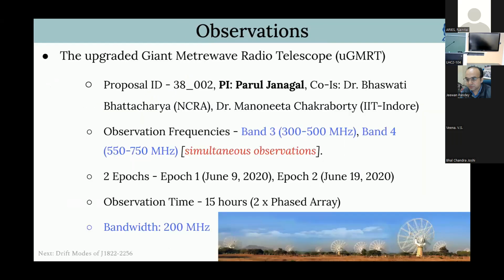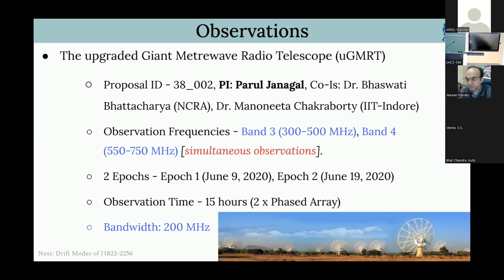The earlier studies of single pulses were done with smaller arrays or telescopes with less sensitivity. Now, with the current technological advances generating multi-frequency and high sensitivity data, it is worth revisiting these sources. For this project, our data set was taken from the upgraded Giant Metrewave Radio Telescope at simultaneous dual frequencies.